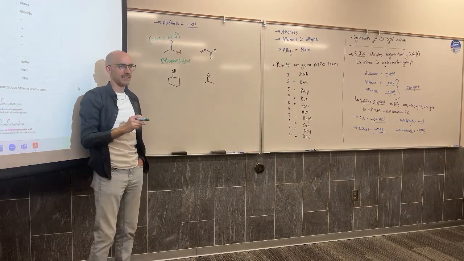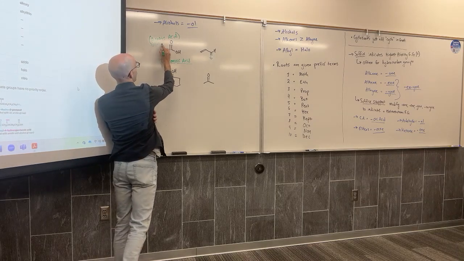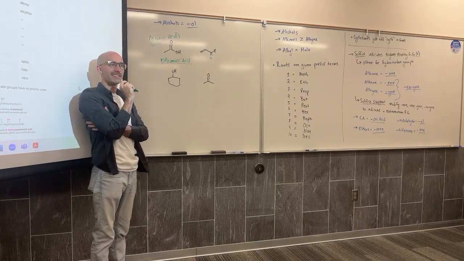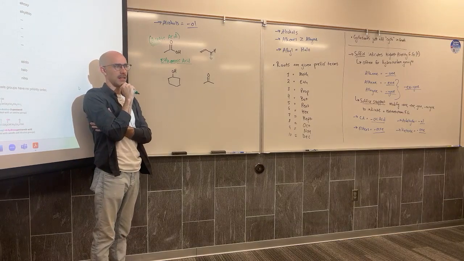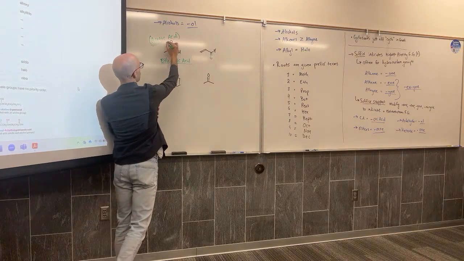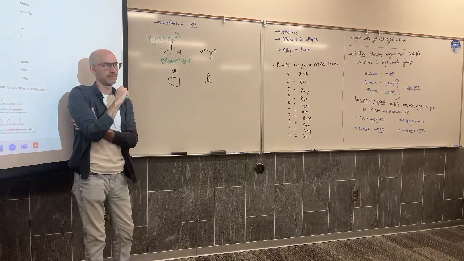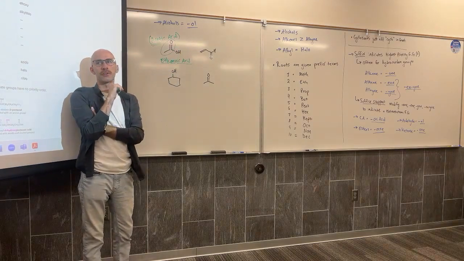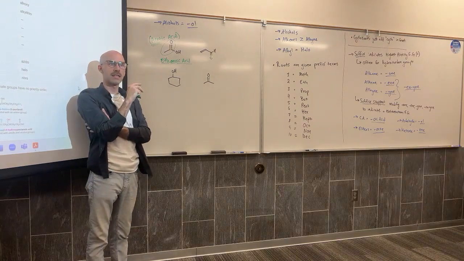This is acetic acid, and we're going to run into this common piece of nomenclature, the acetyl group, quite a bit this semester. And the acetyl group basically means I have a carbonyl with a CH3.